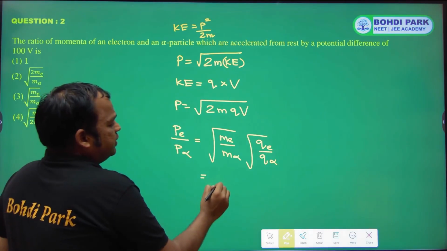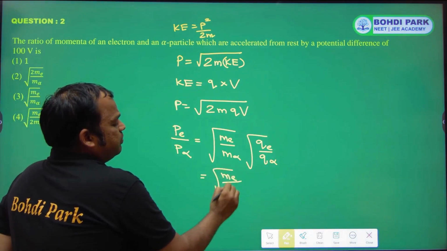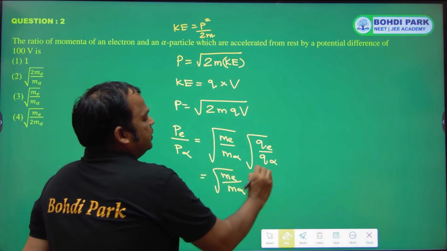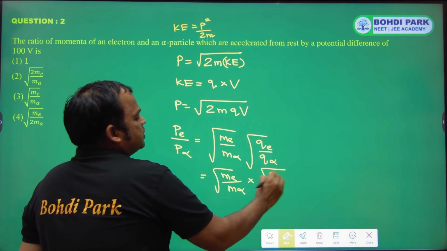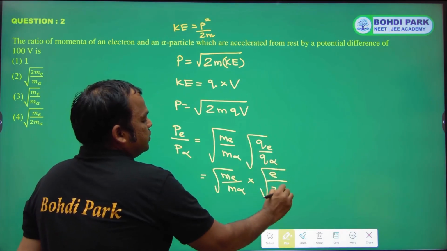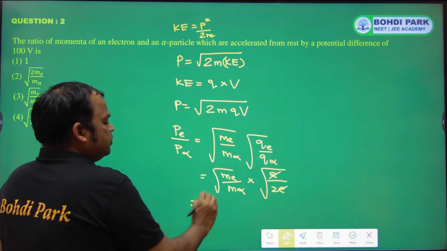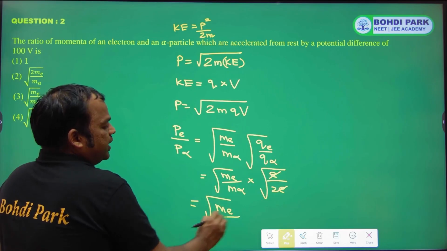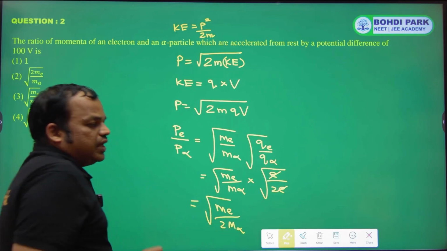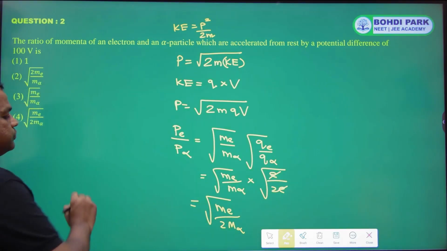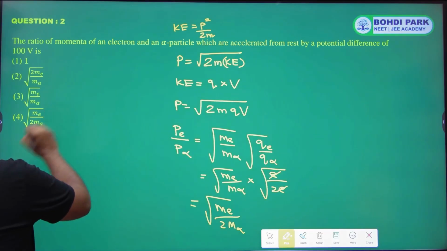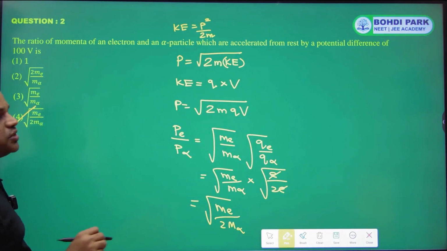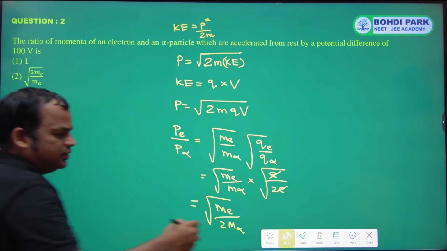So we have square root of me by m alpha into square root of charge on electron, which is e, by charge on alpha particle, which is 2e. So you get square root of me by 2 times m alpha. So fourth option. Now next.